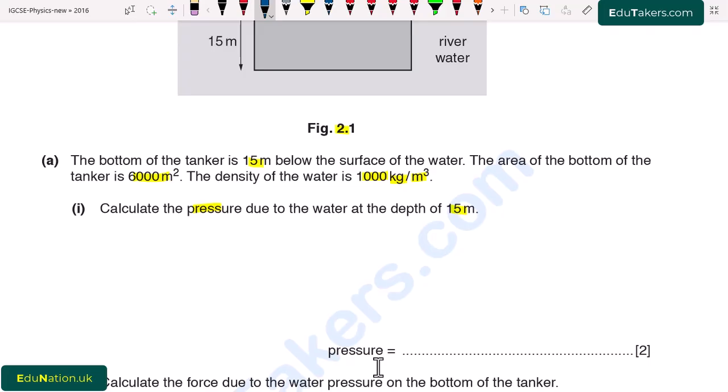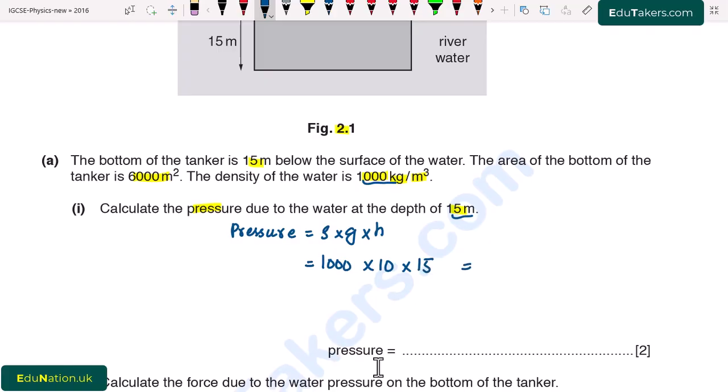I write here pressure is equal to density multiplied by g and h, where rho is density, g is acceleration due to gravity and h is depth. So the density of water is given, which is 1000 kilogram per meter cube. So I write here 1000 multiply the value of g is 10 meter per second square. And the depth is given, which is 15 meter. So I write here 15.